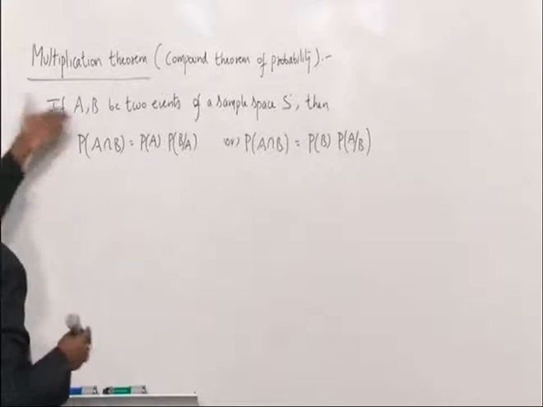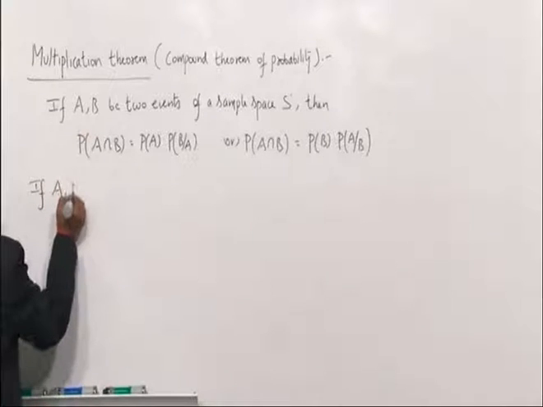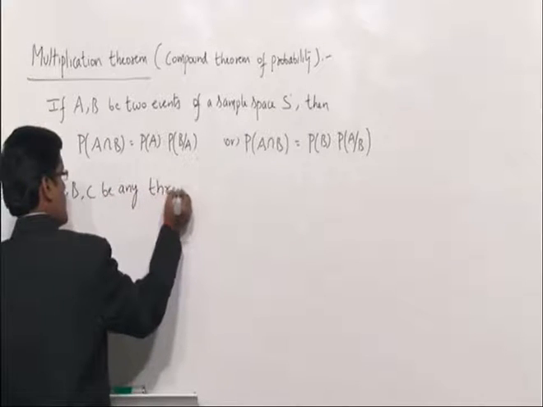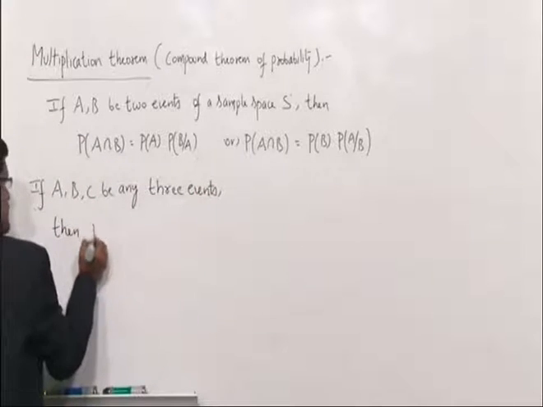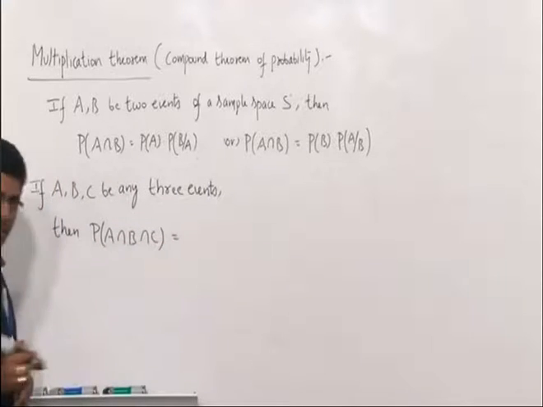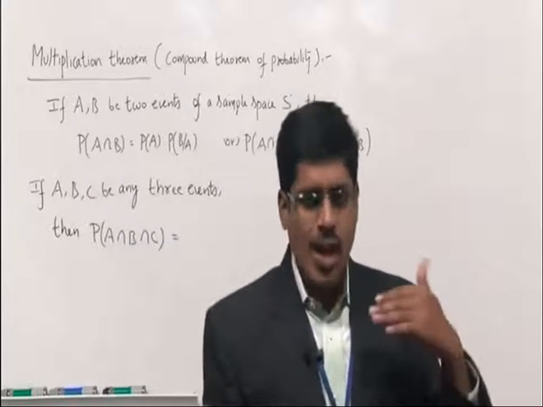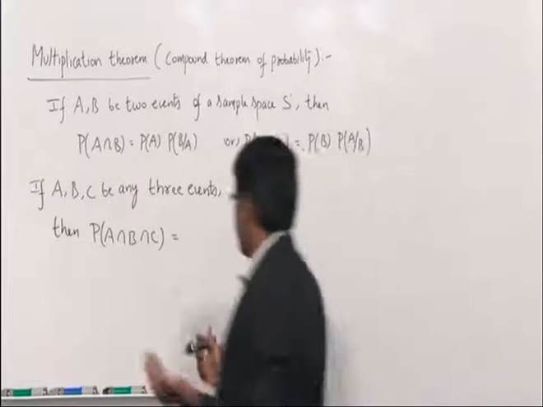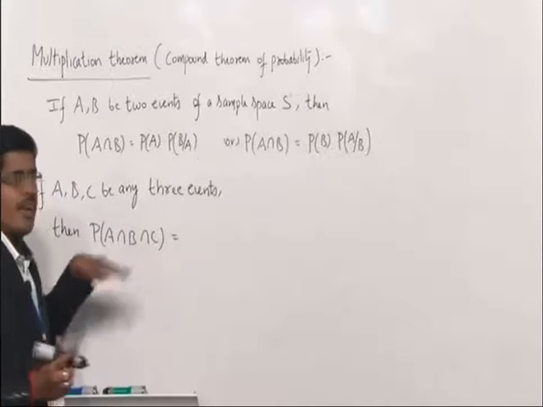Next, I am giving the same theorem for three events, any number of events. If A, B, C be any three events, then P of A intersection B intersection C, common part, probability. So here, depending on the nature or the given, you start with any one of these, either A or B or C. So each event we are finding the probability.